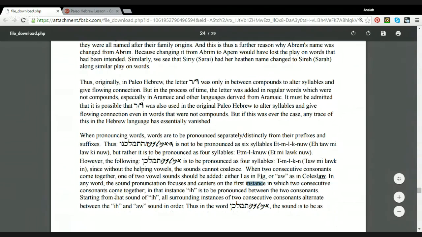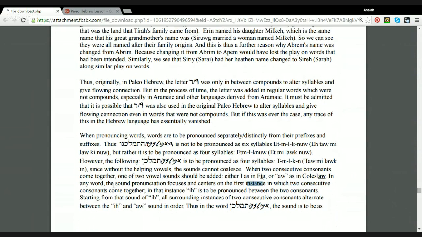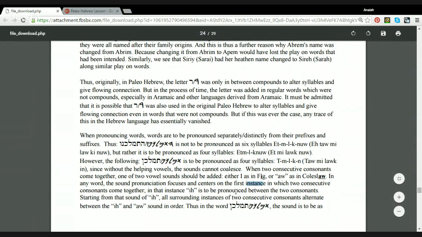I came to the conclusion it should be I because I looked throughout Hebrew and other dialects, and I saw that the shorter sound is usually the first one that comes in the root, like an E sound, a quick sound, and then later comes a longer sound, ah.